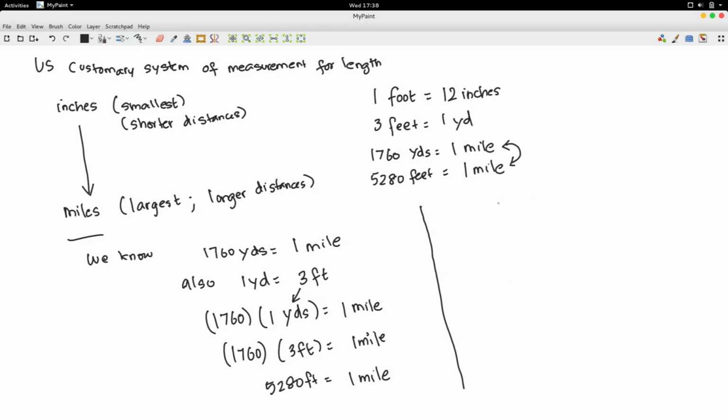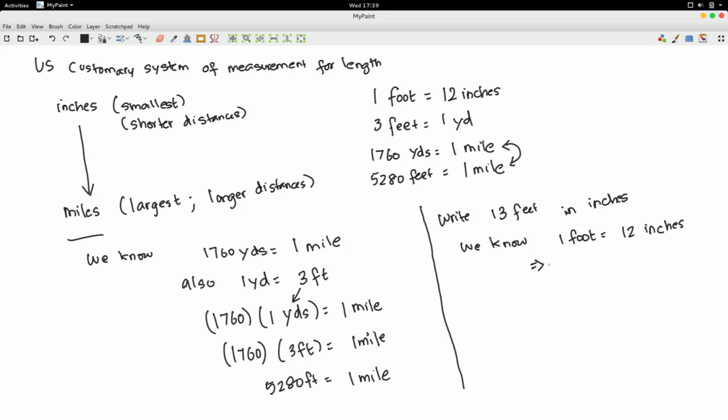Let's do a short example on conversion. Let's say we want to write 13 feet in inches. So we know 1 foot is 12 inches.